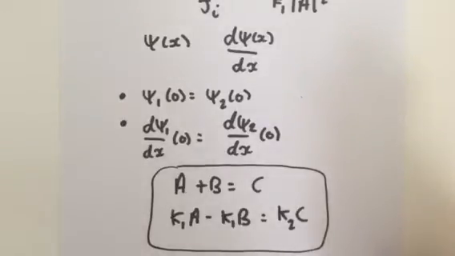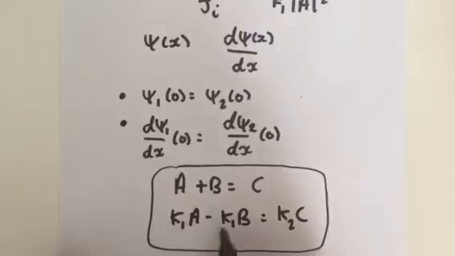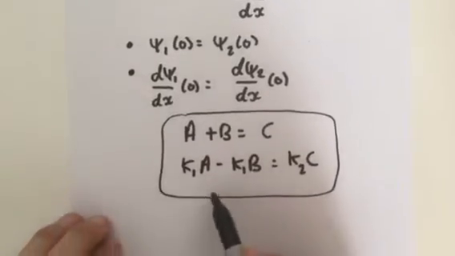Right, so you can solve for B in terms of A. It's very simple algebra, just rearranging the formula.